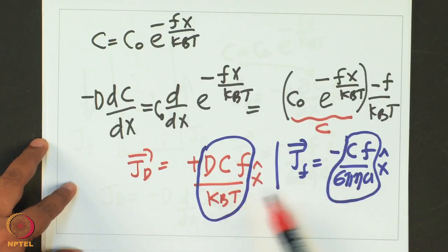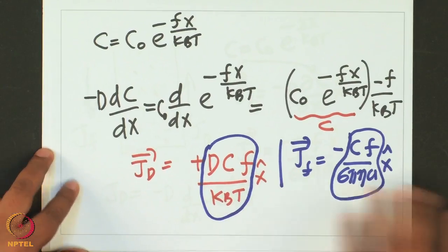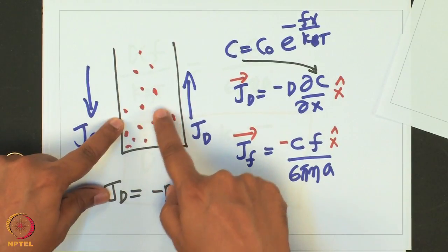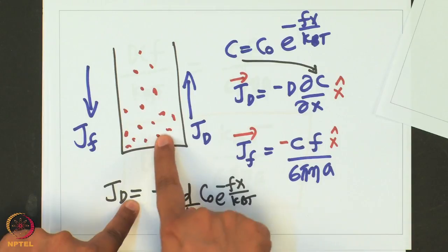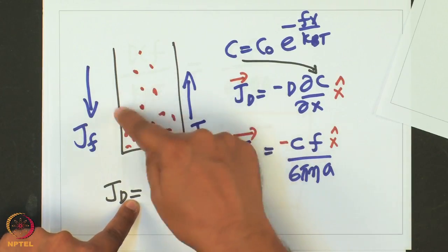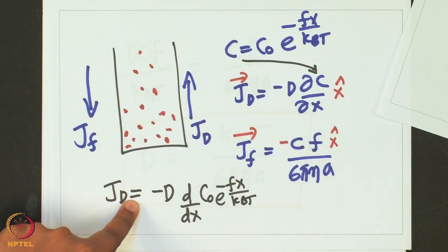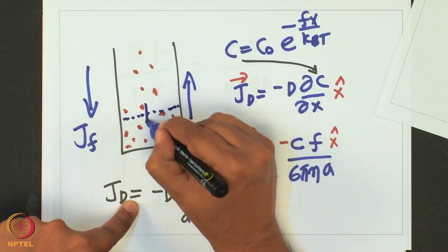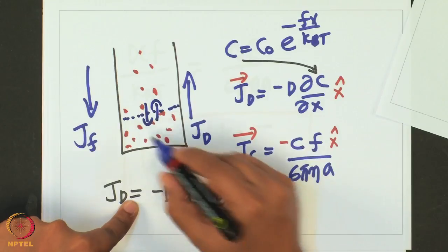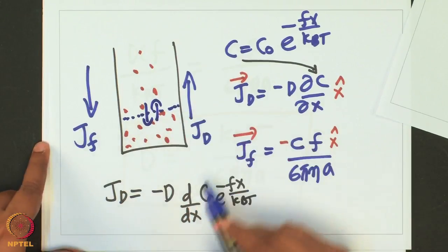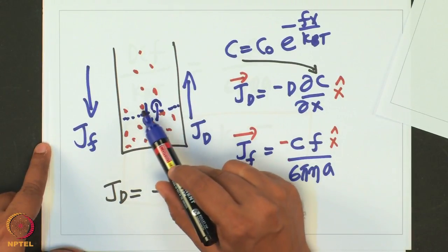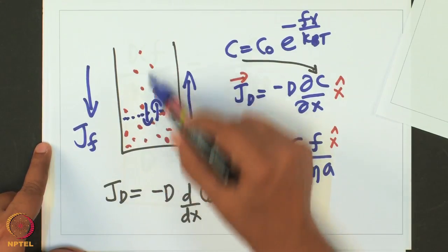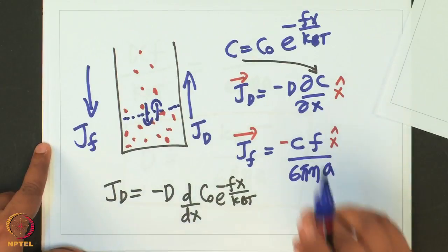If I take these two quantities and equate them, their magnitudes will be the same. If their magnitudes are equal, they will have opposite direction. What does that mean? That means at any point x, there will be a flow down which is equal to the flow up. If they are equal, then on average the number of particles will remain constant at any point in x, and that is the equilibrium.